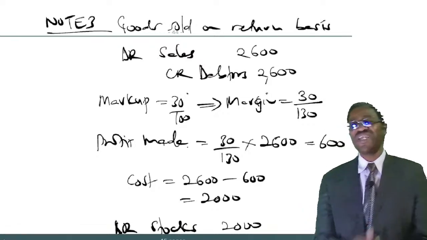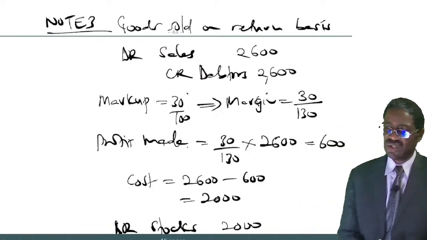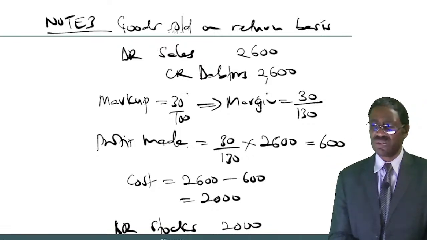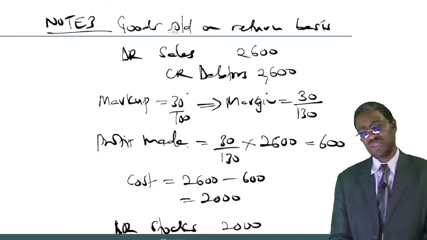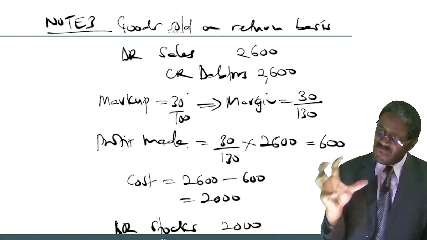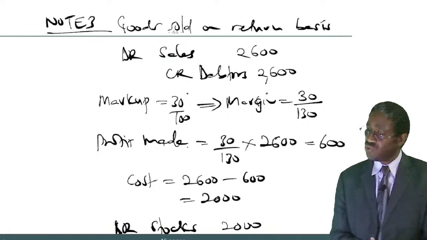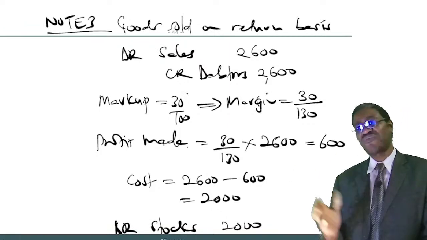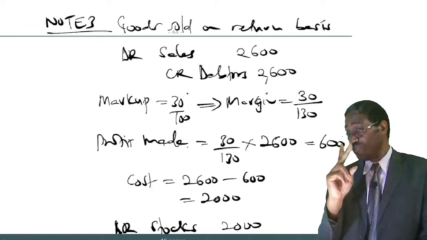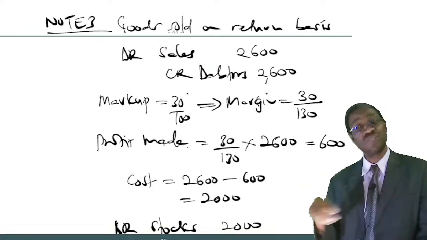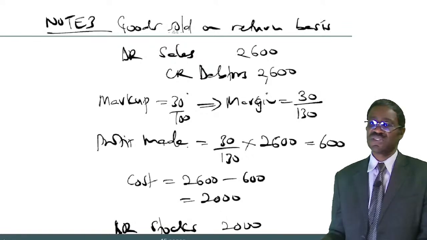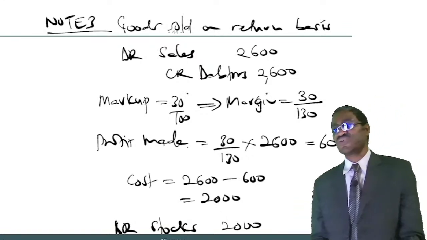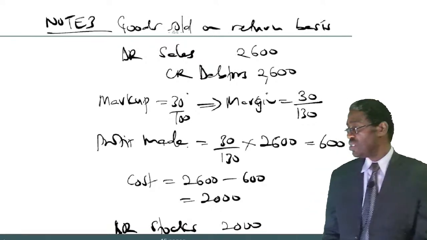How? By debiting sales. Whatever sales we are given in the trial balance, they are wrong. They are more than they should be. Whatever figure we are given for debtors in the trial balance also is wrong. It is more than it should be. We shall have to reduce it by 2.6, not by 2,000, by 2.6. So I've explained the concept under note number 3, where we sold goods on sale or return.